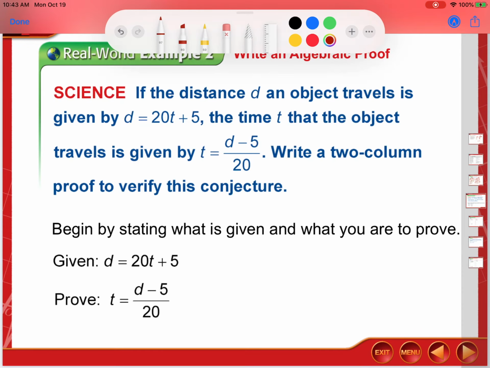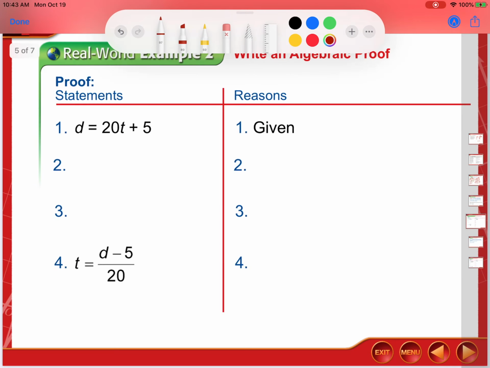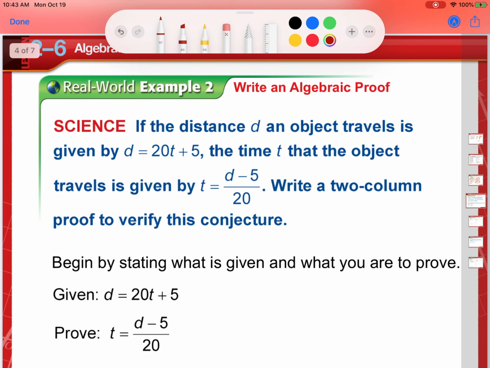So we're going to set up a two-column proof again, which I didn't really give myself. Oh, no, I did. Okay. So we're given that d equals 20t plus 5.